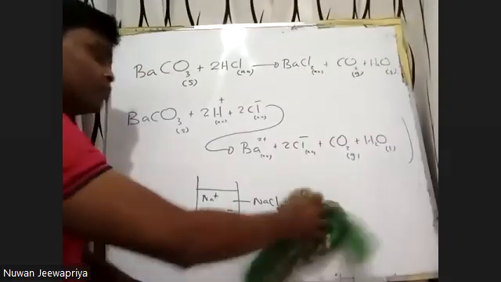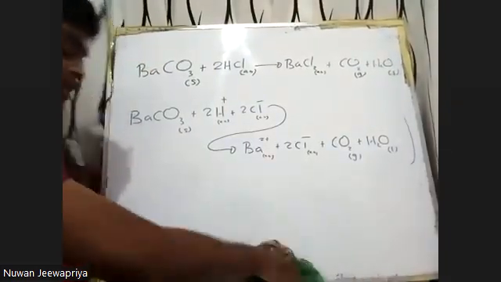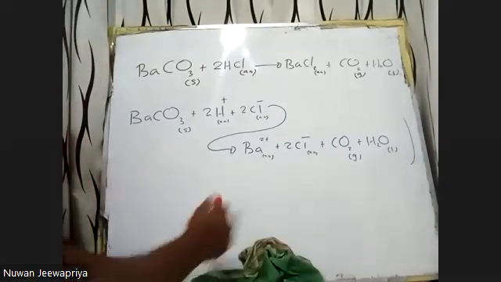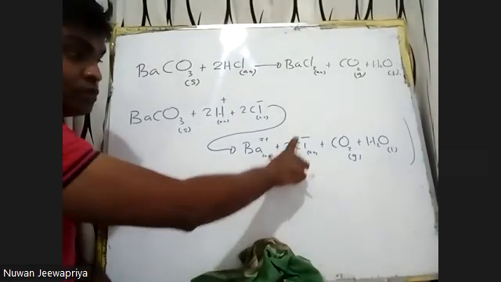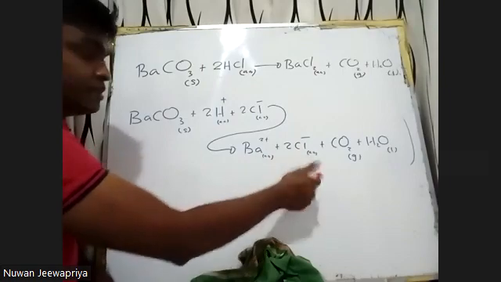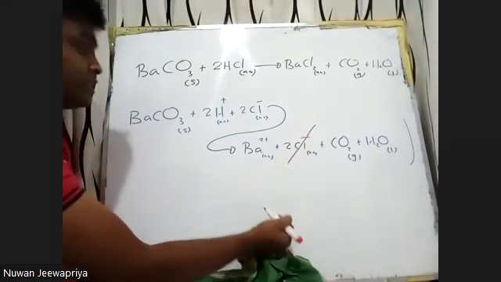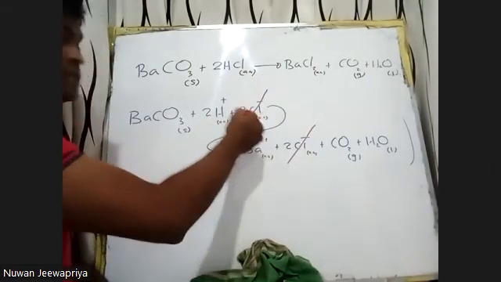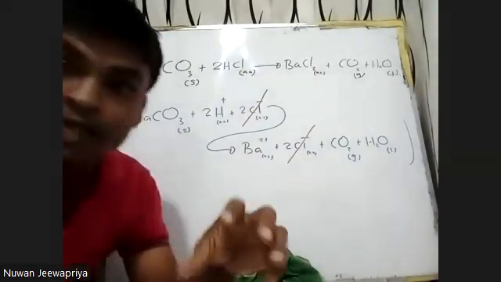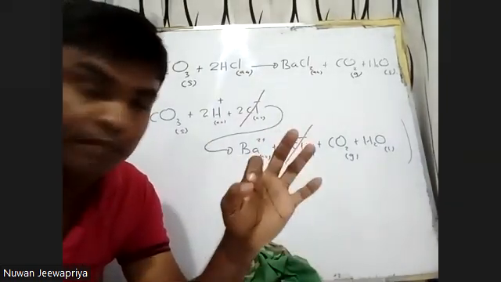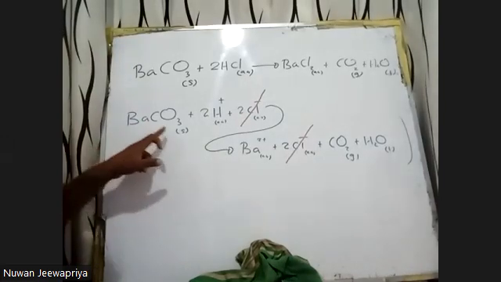So now we have to recognize the spectator ions. See these 2Cl minus aqueous on this side, and 2Cl minus aqueous on the other side. They are spectators. We cancel them off. So what remains? Barium carbonate.